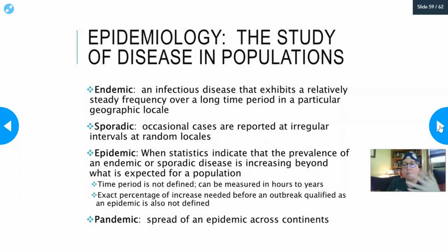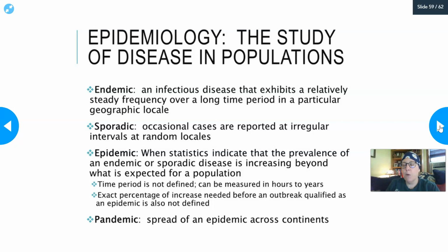It's out in nature, so cases are going to pop up pretty steadily over the years. Sporadic is when occasional cases are reported at irregular intervals at random locales, so there's no pattern to it. And an epidemic is when statistics indicate that the prevalence of an endemic or sporadic disease is increasing beyond what is expected in a population. So you can see the numbers go up.